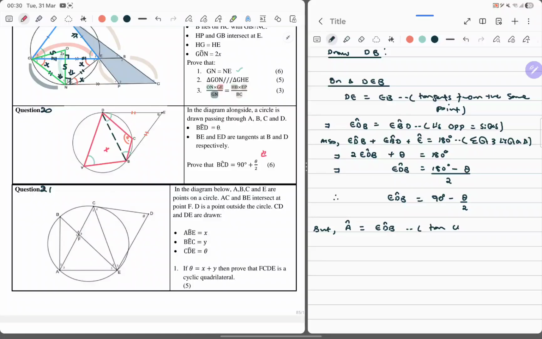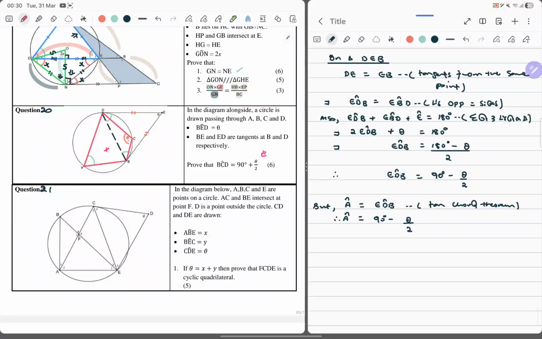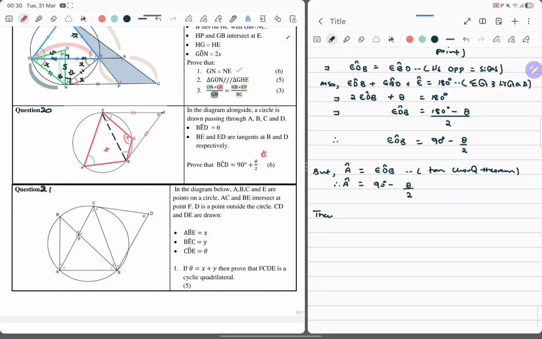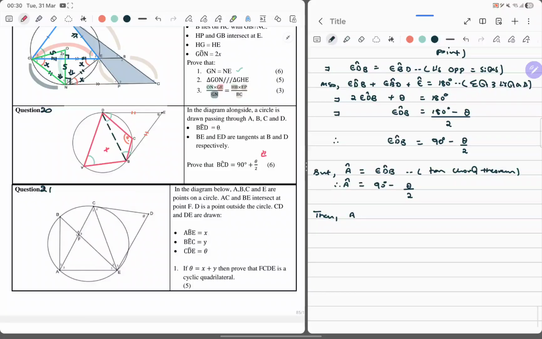Why? This is the tan chord theorem. Therefore angle A is basically 90 degrees minus theta over 2. Cool. We will say then, we know that angle A plus angle C, maybe let's write it the way it was mentioned, angle BCD, we should get 180. These are the opposite angles of a cyclic quad.